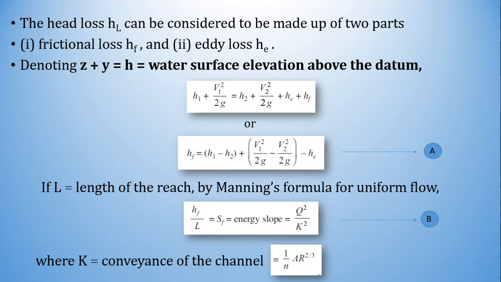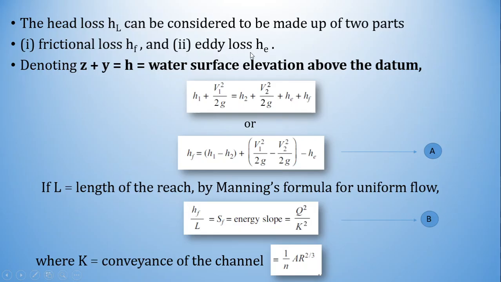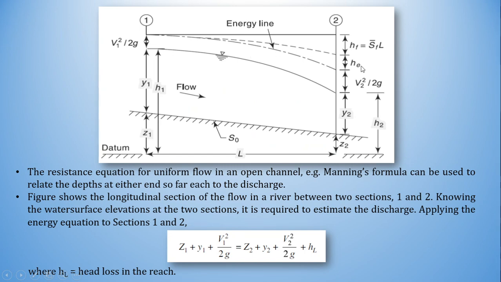The head loss HL can be considered to be made up of two parts. One is the frictional head loss HF, which is shown over here, and the second is the eddy loss, that is HE.